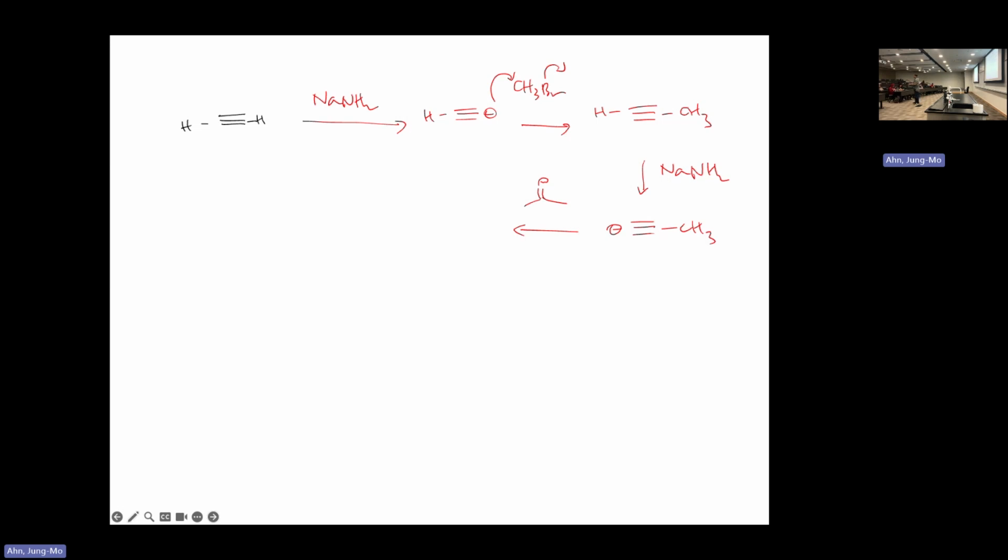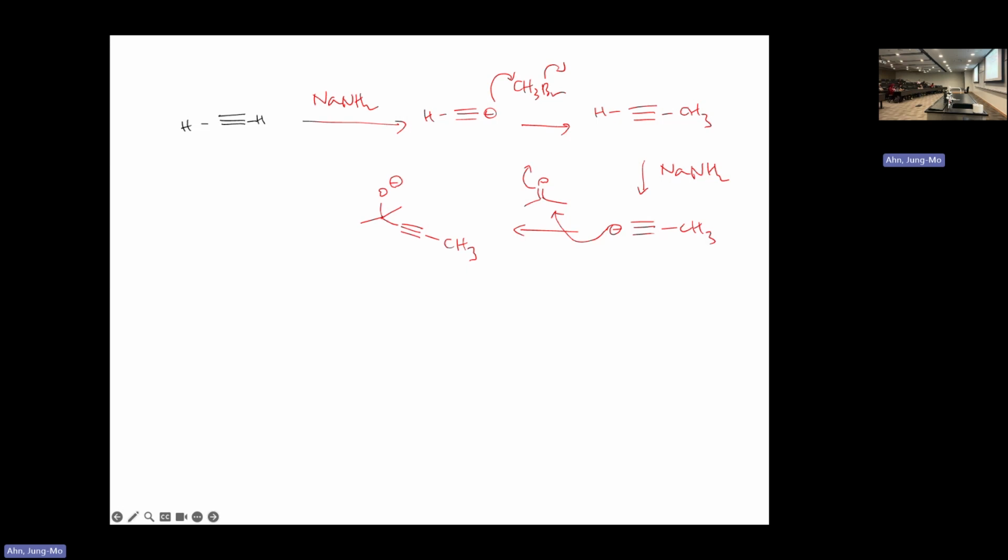But I want you to be aware that we can also make an attack on the carbonyl. Carbonyls of ketones and carbonyls of aldehydes can be attacked by this acetylene nucleophile. When it attacks the carbonyl carbon, it pushes the pi bond to the oxygen.